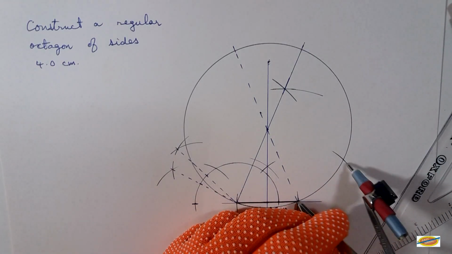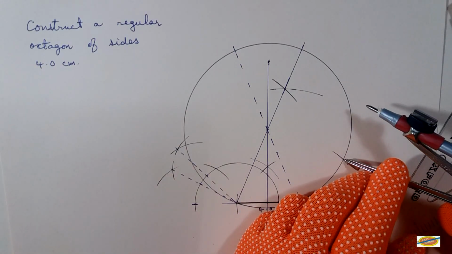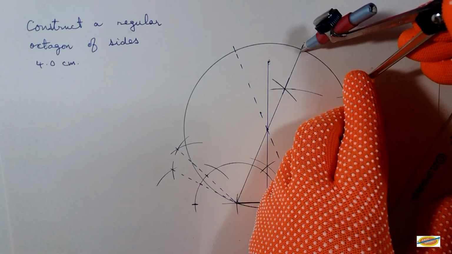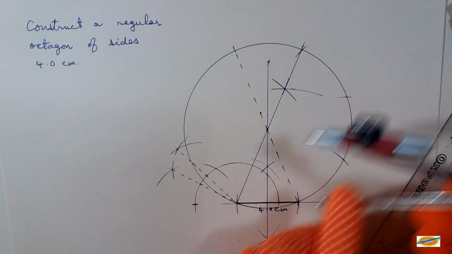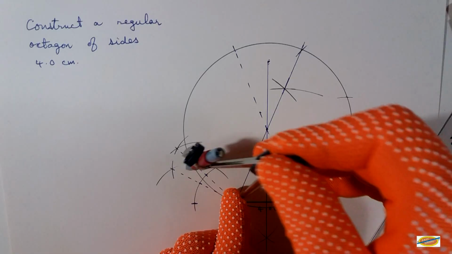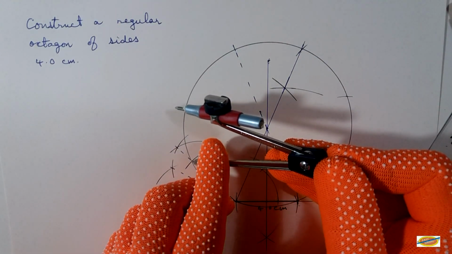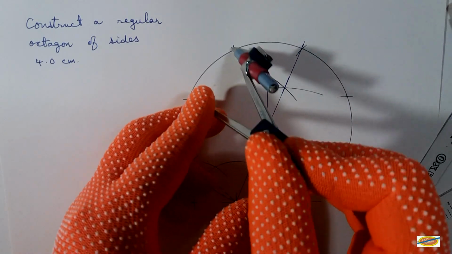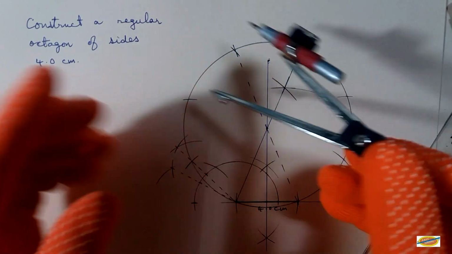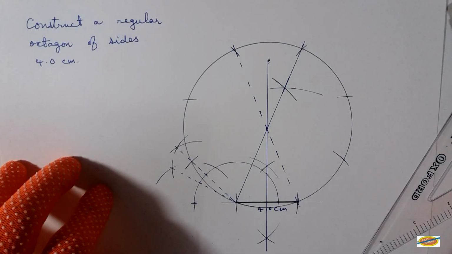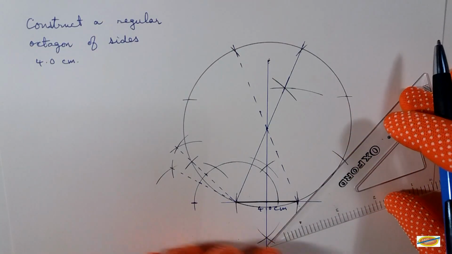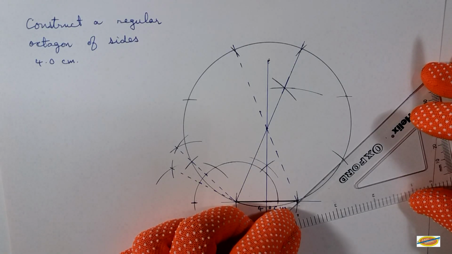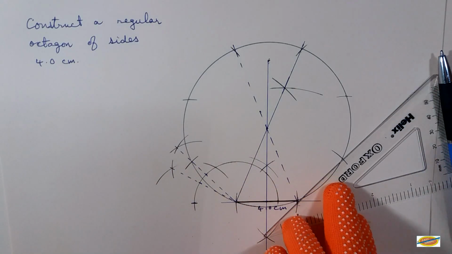From here, 1, that, and this. And then we draw bold lines connecting these points.